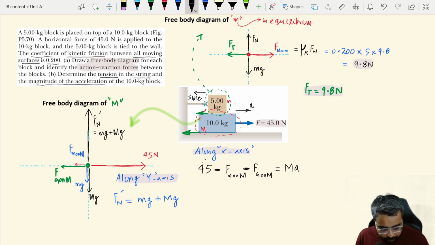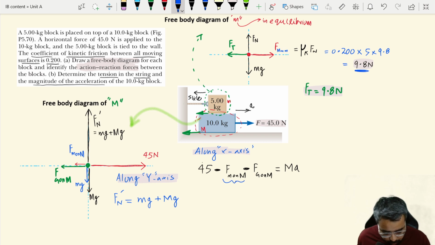So basically, this is the resultant force, F net. According to Newton's second law, F net is equal to MA. So I have written the equation of F net, the resultant force. Now, interestingly, we had already calculated the force of friction. You see here, this is a force of friction, 9.8 Newtons, right?